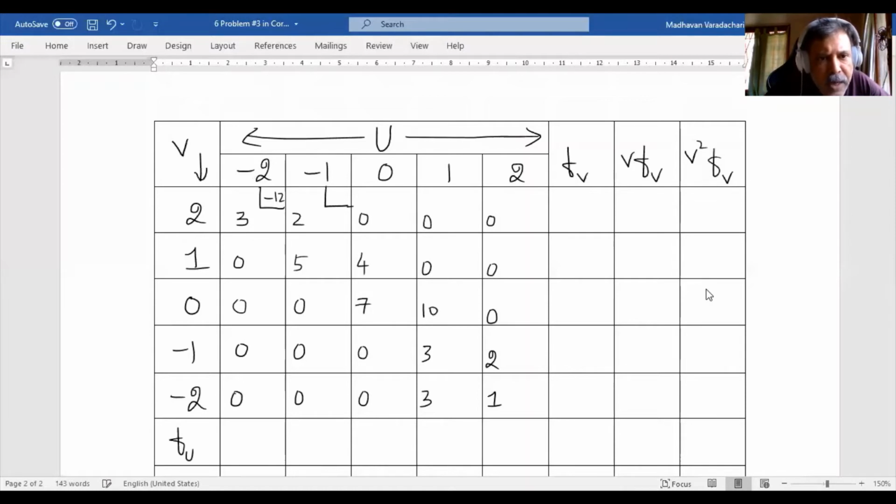Here it is -1 into 2, -2, -2 into 2, -4. Since there is a 0, let me write 0 itself, because let it be anything, ultimately it will be multiplied with 0. All these boxes will have 0. Wherever 0 is there, I am just writing those boxes to be 0.